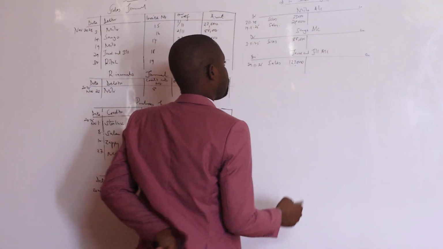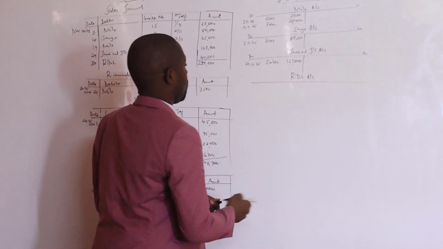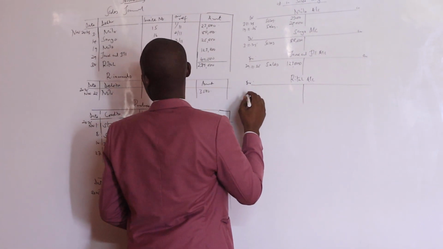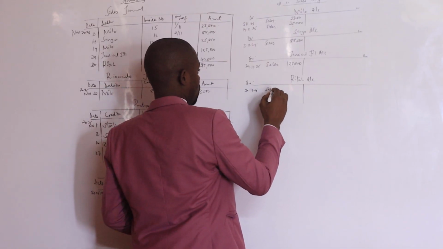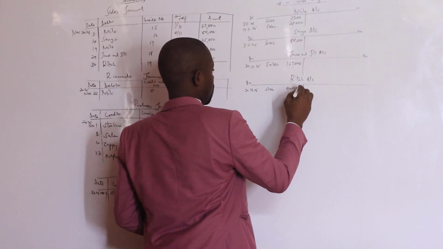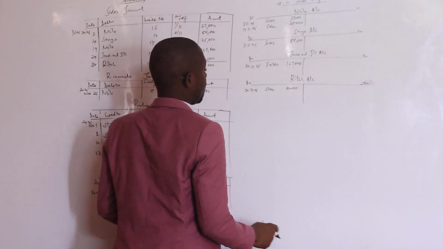Last we have Rita. So we have Rita's account, debit, that's on 30th, 11.25, sales, 40,000. So we are done posting in sales ledger.